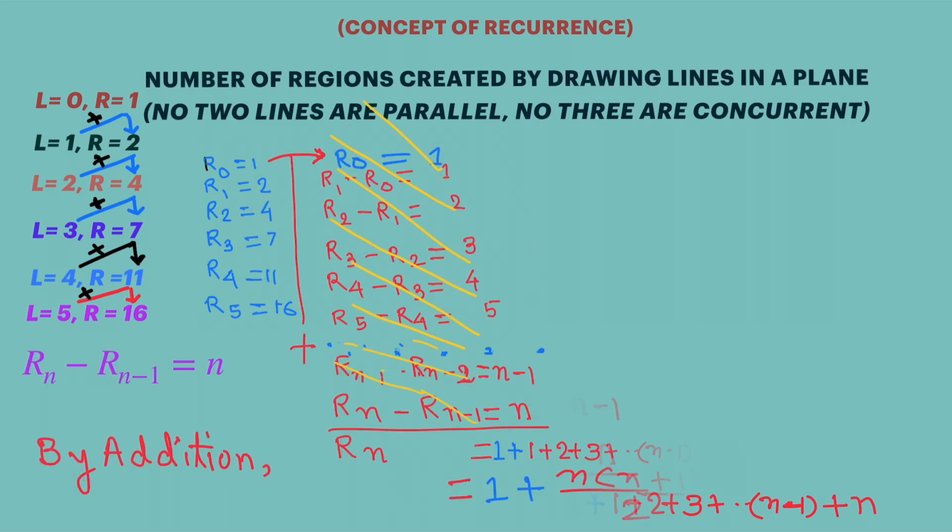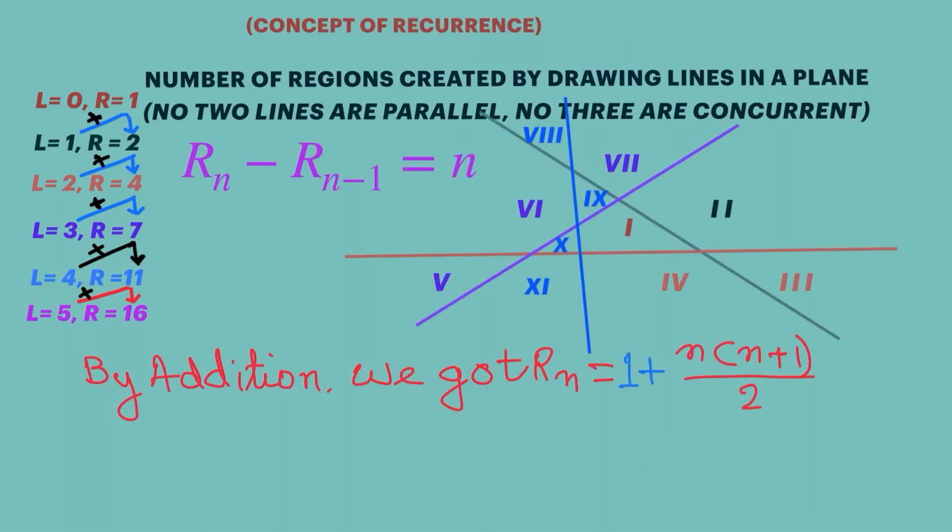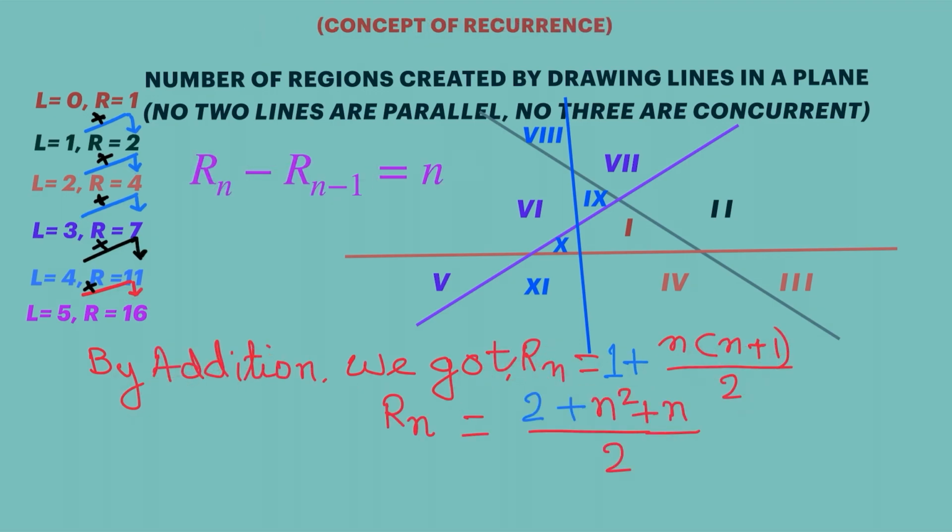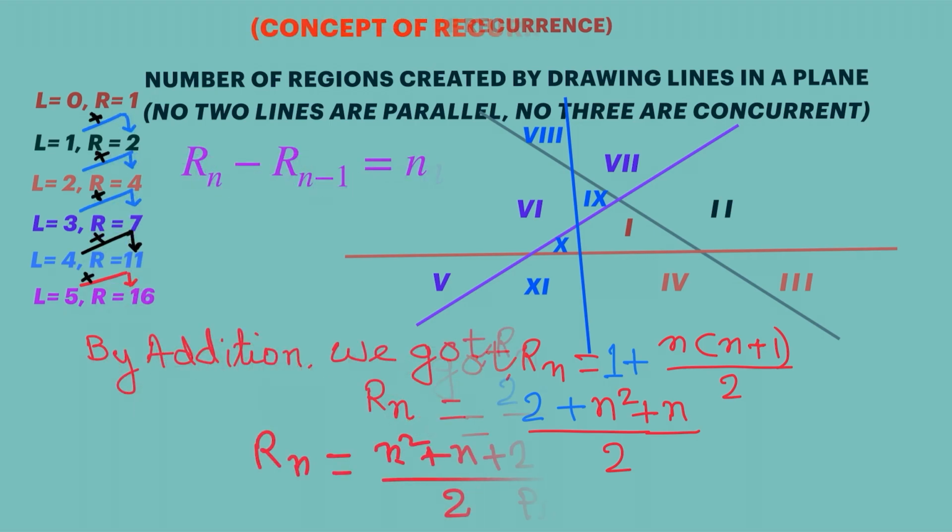So put this n into n plus 1 by 2, and we get 1 plus n into n plus 1 by 2, and thereafter we get Rn equal to 2 plus n square plus n by 2, by making 2 as LCM. So in this way also we get the value of Rn in terms of n, which is the same as before.